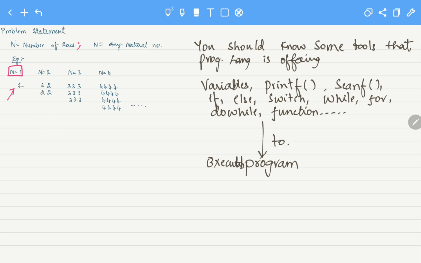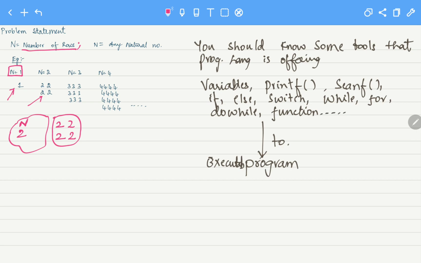Now if you come next, somewhere in your brain cell you have stored that this is n representing the number of rows, and when you come here it is 2. Immediately, based upon the understanding of this line, your mind gives your hand the signal: okay, the number of rows is 2 and the number of columns is also 2, and I have to write the same number.